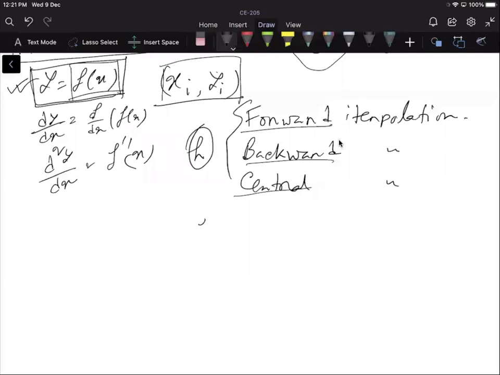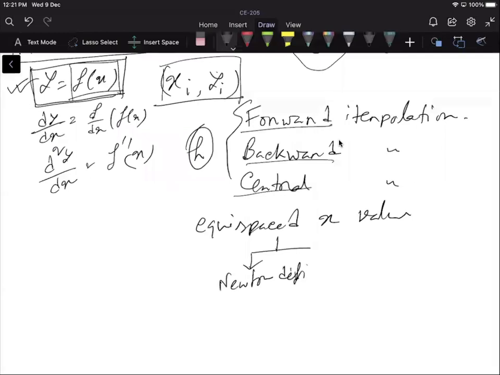If there is no equispaced x value for the function, we use two methods: first the Newton divided difference, and another one, Lagrange interpolation. So these are the two methods.